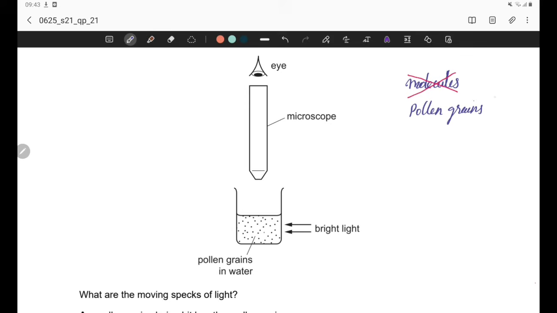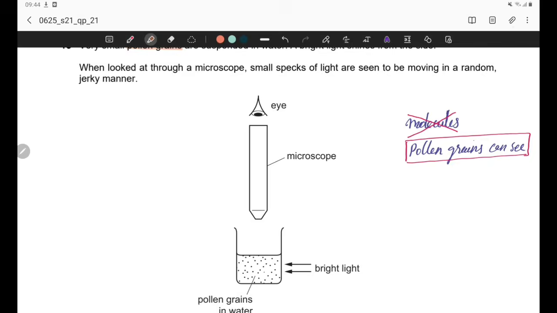It is because the size of the pollen grains is much greater comparing to the size of the molecules, so that we can see them with the help of this arrangement. So in this question, the small specks of light that are seen are nothing but pollen grains.